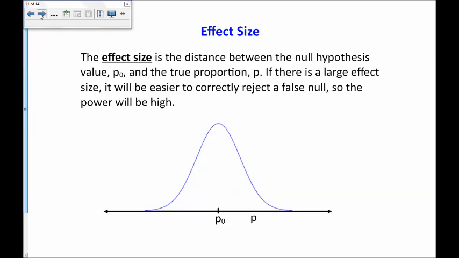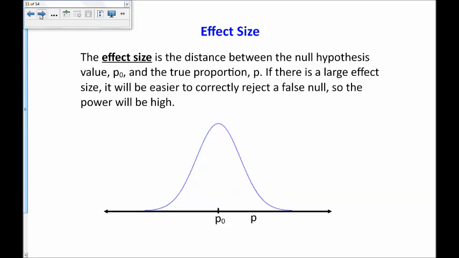If there's a large effect size, meaning that the true proportion is, let's say, 0.5, but for some reason you think it's 0.3, then it will be much easier for you to correctly reject that null hypothesis, because all your data will be somewhere around the true proportion, not your hypothesized value. So if the effect size is large, then the power will be high.